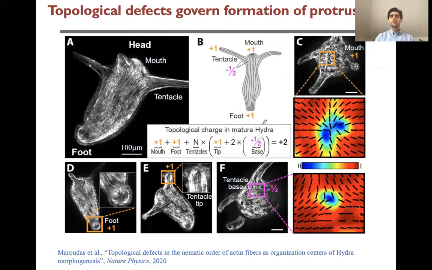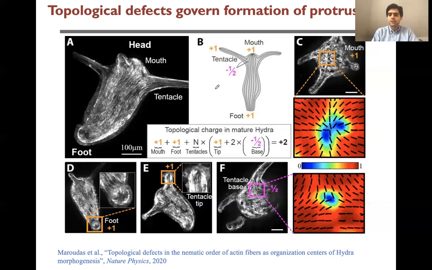Mouth and foot also form at +1 defects, and the -½ defects are left behind, as we discussed earlier. This is very promising: observing these topological defects and the predictions from the phase field modeling in real in vivo experiments.